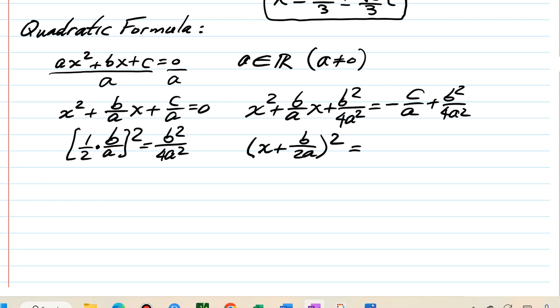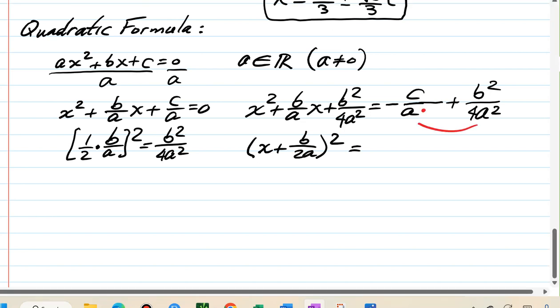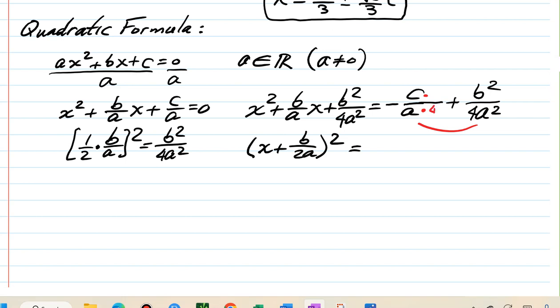Now to combine these, let me move b squared over 4a squared a little bit to the side, plus b squared over 4a squared. Now, because we have two fractions on the right side, in order to combine fractions, we have to have a common denominator, which we don't at the moment. So I need to multiply that first fraction by 4a.